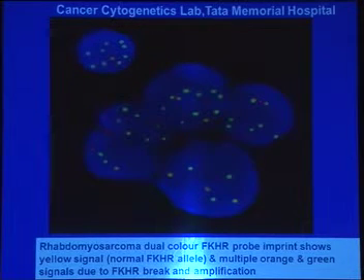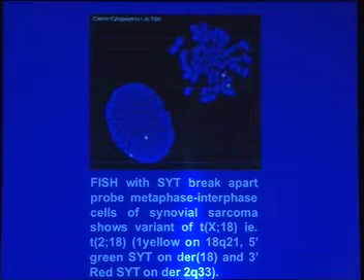So these are the normal alleles, and you see that there is a break, and there are many such signals. So it means break and amplification, and I think this is the way to go today if you want to really investigate these tumors thoroughly.